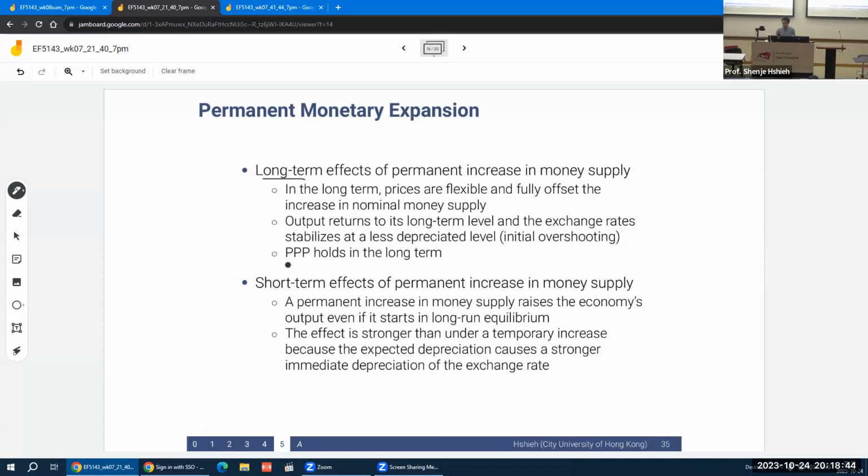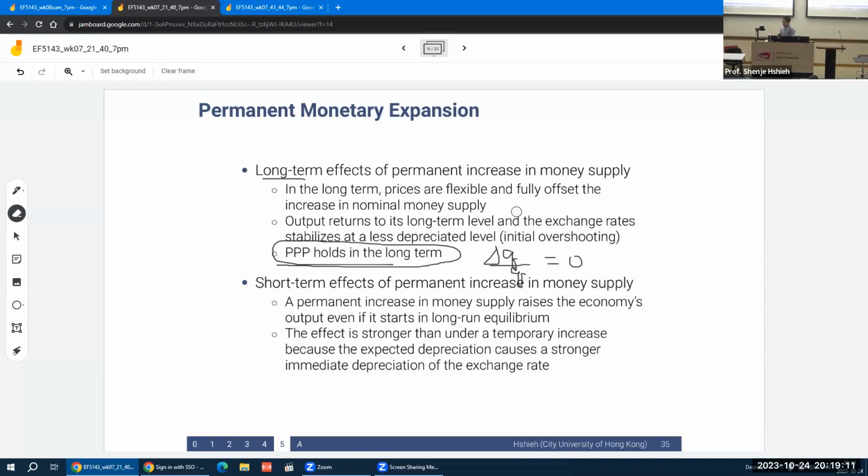In order for PPP to hold in the long run, P can increase to the same extent as E, such that the percent change in Q is zero. That's what it means to have PPP.